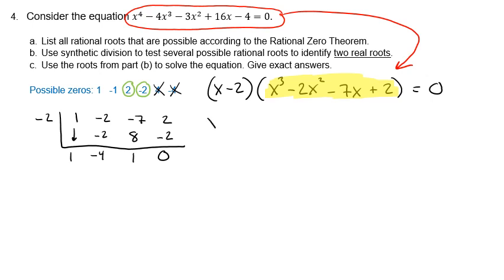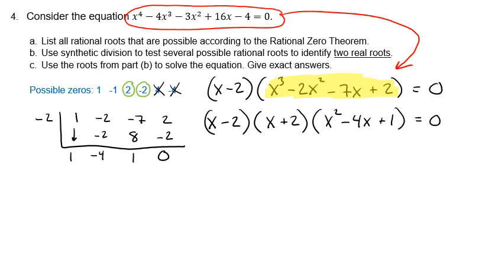So that means we've got x minus 2 times x plus 2 times x squared minus 4x plus 1 is equal to 0. So let me do a little bit of color coding here. This came from this and this.